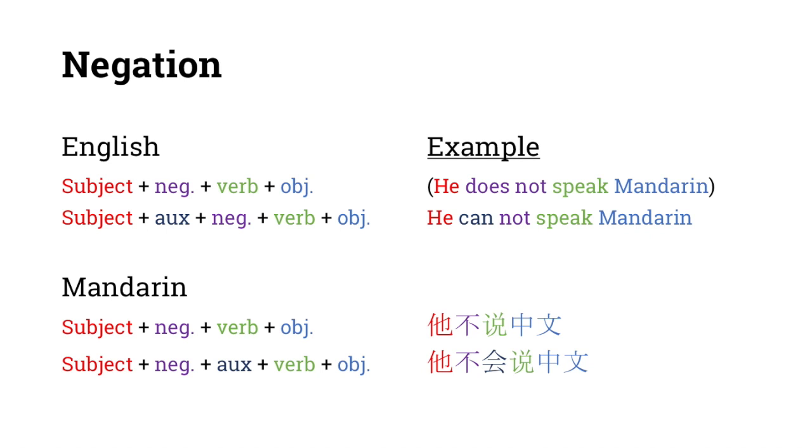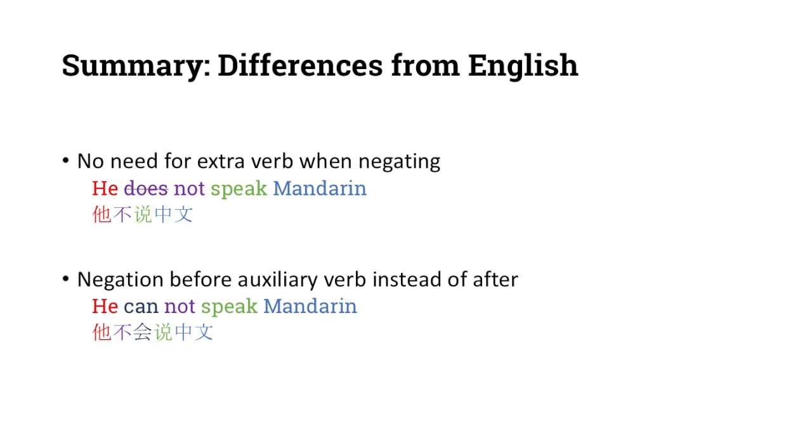To sum up the differences from English: first off, there is no need for an extra verb when negating. In English, we add does not, do not speak Mandarin. In Mandarin, the 不 can stand on its own. It does both of those. Second, when you use negation together with an auxiliary verb, the negating word comes before the auxiliary verb instead of after. So instead of saying he cannot speak Mandarin, the order is he not can speak Mandarin. 他不会说中文.